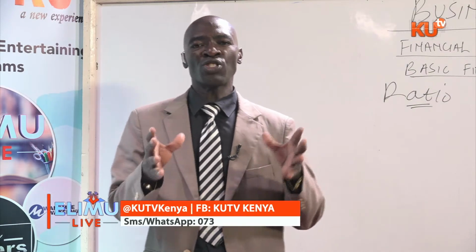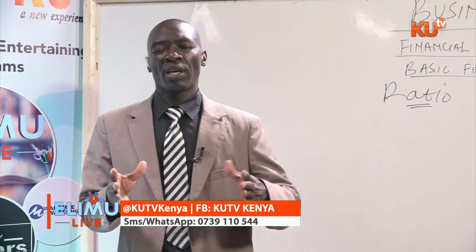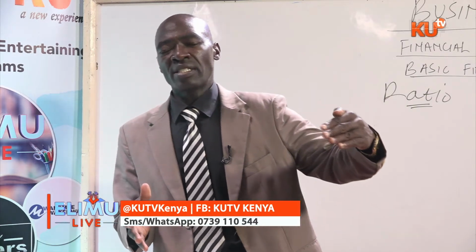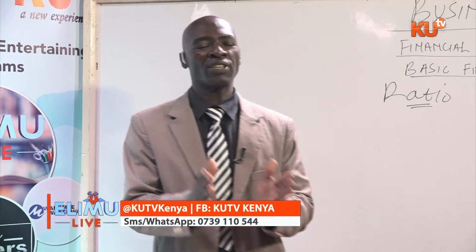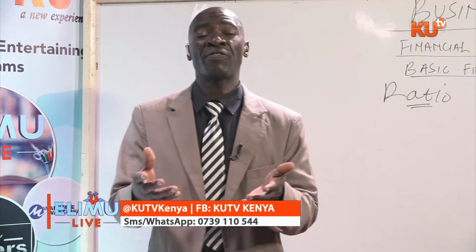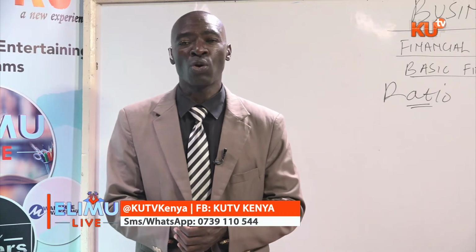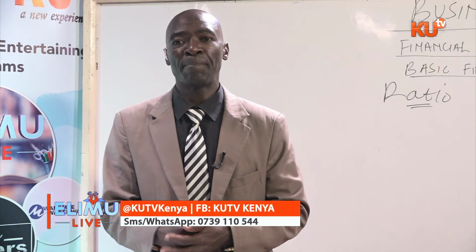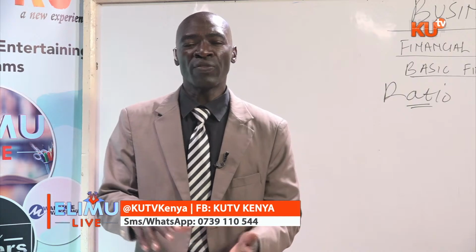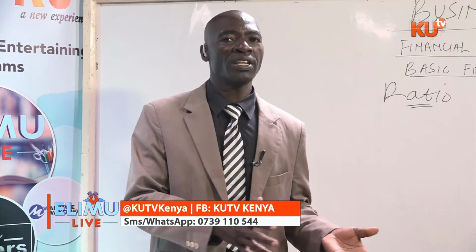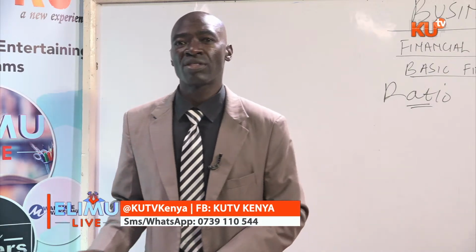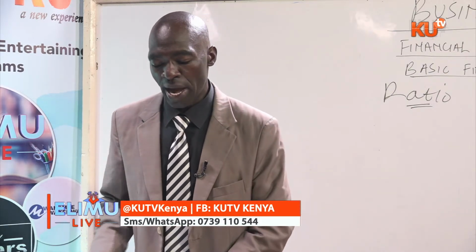So if you want to check the buying price vis-a-vis selling price, you get the difference, be it negative or positive. You can get it in form of a ratio. If you look at the buying price against the selling price, you get the difference.